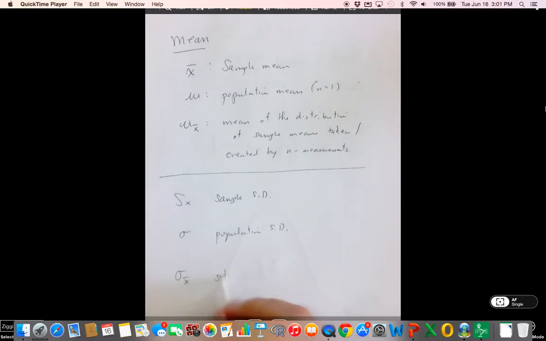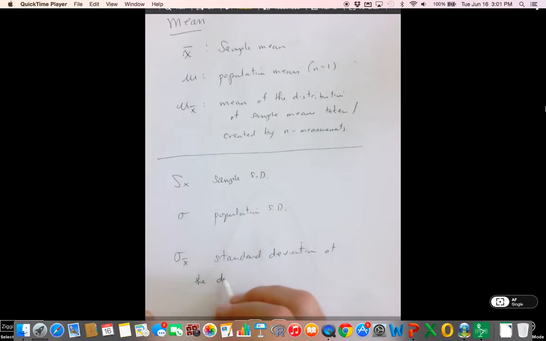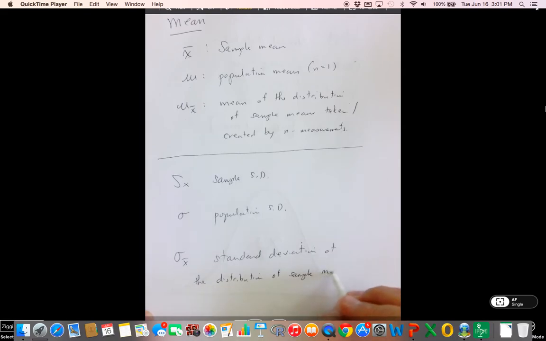And this is the standard deviation of the distribution of sample means taken by n measurements. Now guys, after all the smoke clears, what does that tell us?